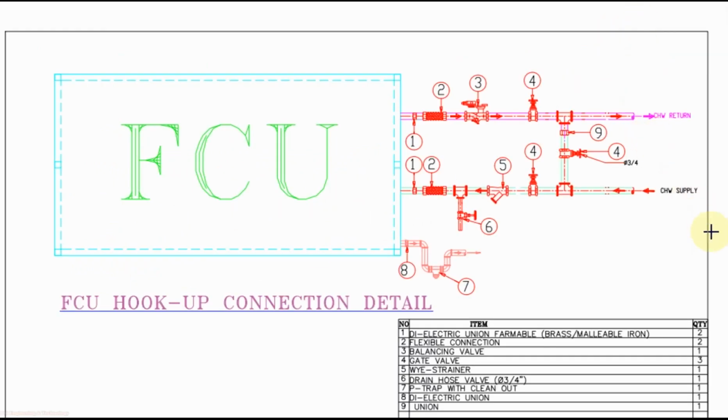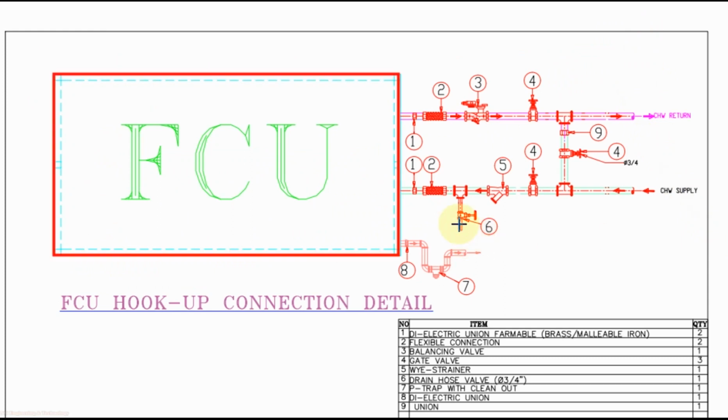FCU valve package. This is an FCU and this is its valve package. For valve package in supply line before FCU we use dielectric union, because mostly the pipe connection coming with the FCU is copper and our piping is carbon steel. So to join the dissimilar material we need to use a dielectric union. Then flexible pipe joint, drain valve, strainer, gate valve.